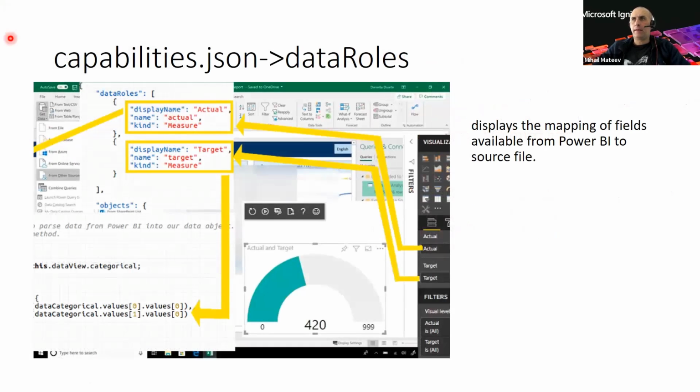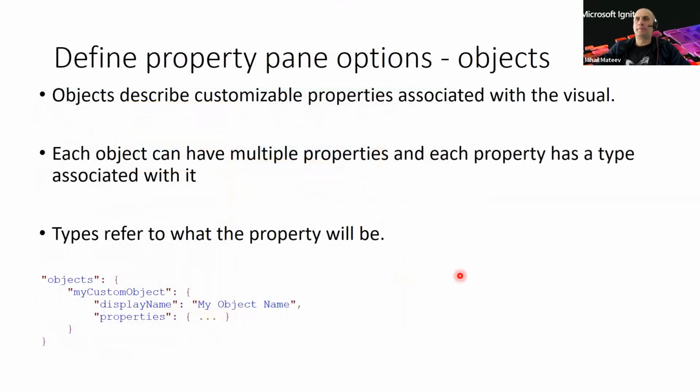Additionally, this description allows you to see these settings in design mode, as you can see on the diagram. So, based on these data roles, you will be able to have settings which are controllable during the design time.